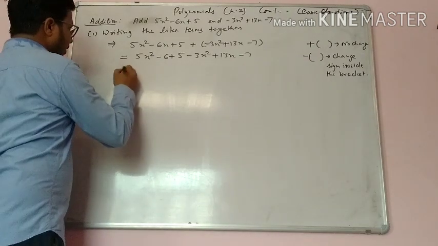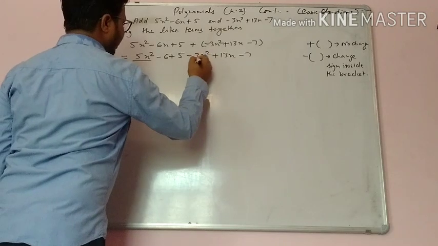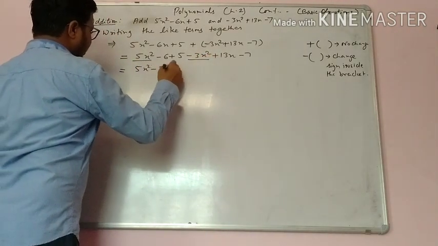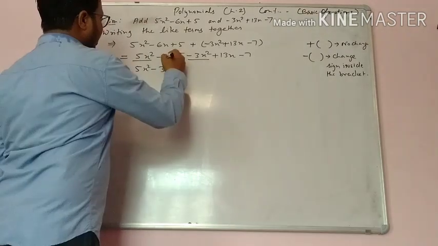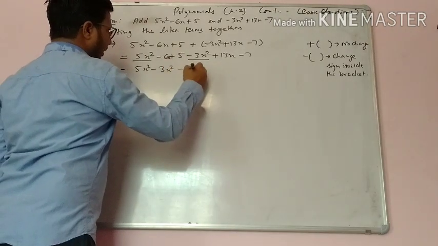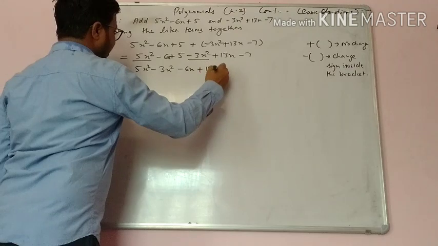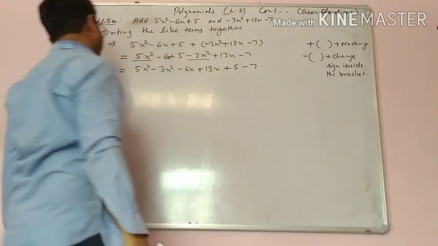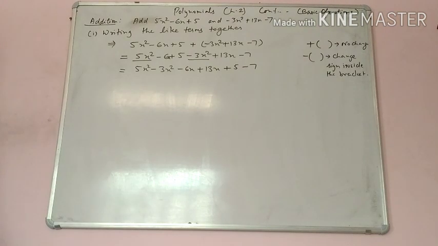Now see about that. Write the like terms together. The like terms are 5x square and minus 3x square. 5x square minus 3x square minus 6x plus 13x plus 5 minus 7. Constants are also like terms.